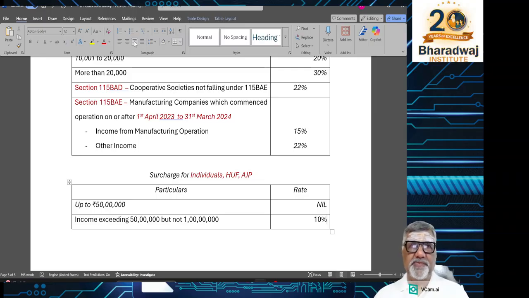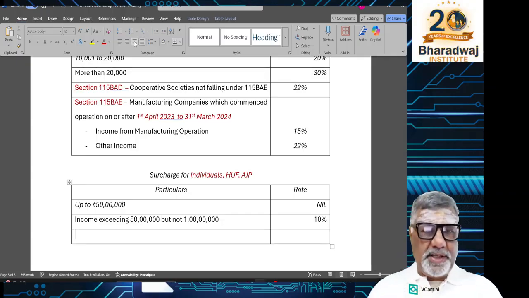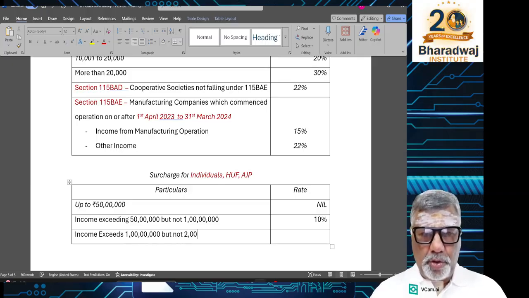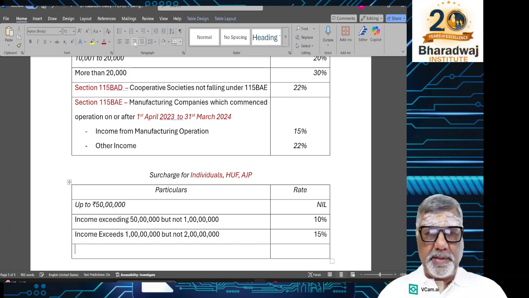Income exceeds 50 lakhs, but not 1 crore. Surcharge is 10%. Income exceeds 1 crore, but not 2 crores. Surcharge is 15%.